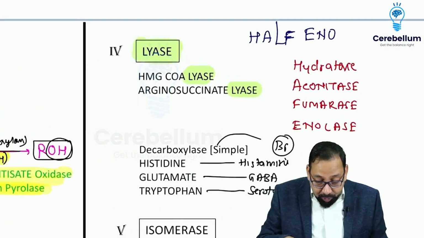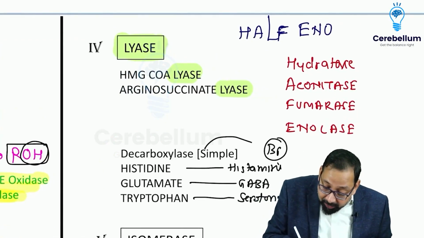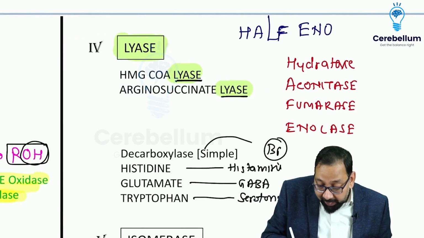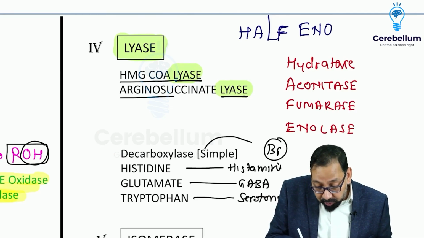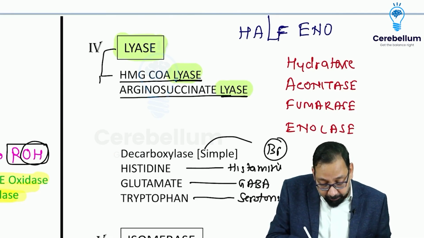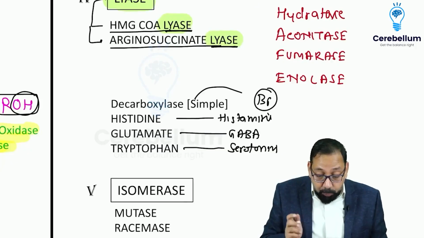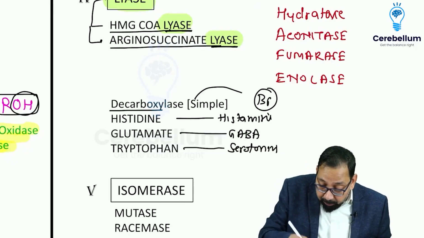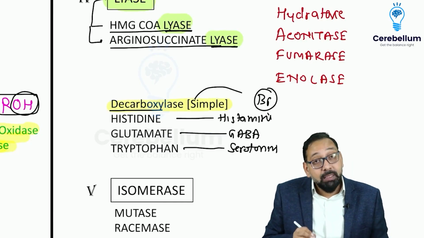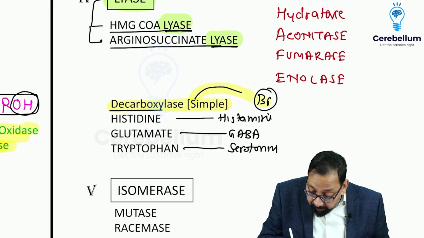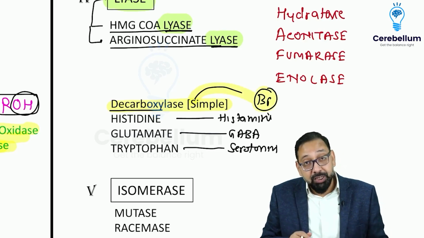EC number 4, lyase. In a few enzymes the name itself has lyase, just like HMG coenzyme A lyase, argininosuccinate lyase, which you will identify. Simple decarboxylases are also classified under lyase. S for simple, S for B6. The cofactor for simple decarboxylation is B6.